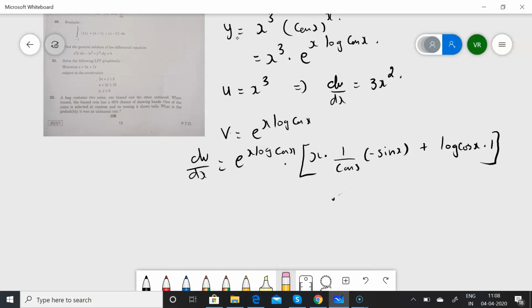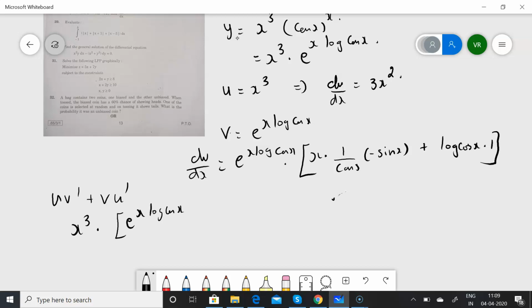So this is now going to be dv by dx is e power x log of cos x into, I can now write this as minus of x tan x plus log of cos x. So now we'll apply u v dash plus v u dash. So that is x cubed into v dash is now going to be e to the power of x log of cos x.